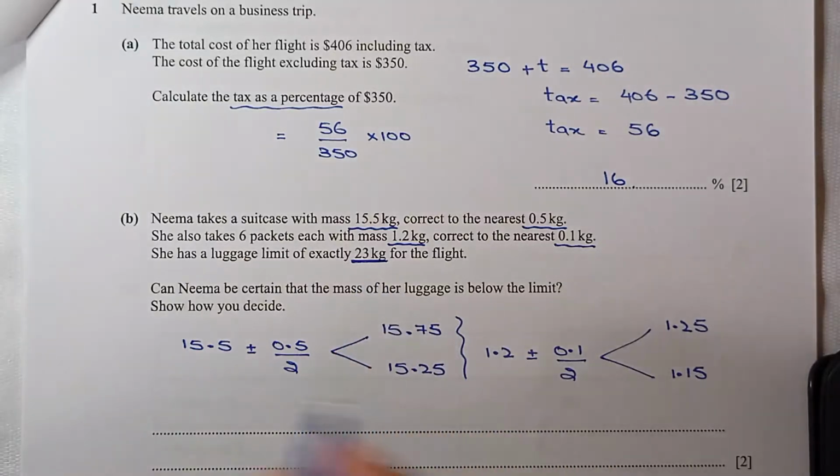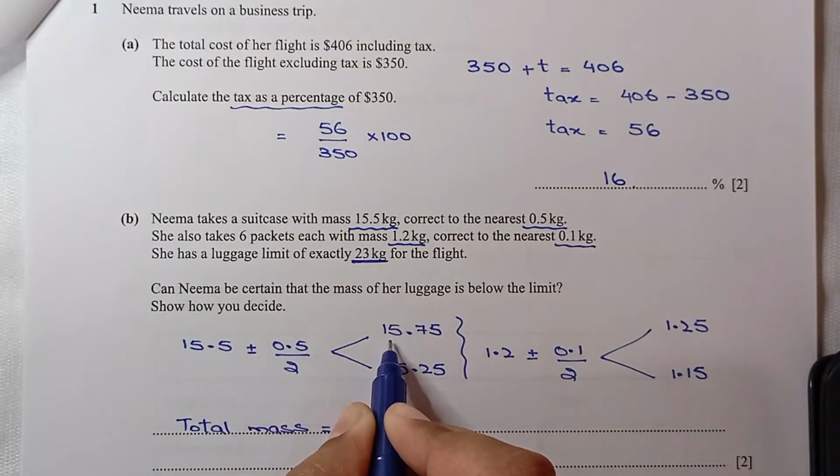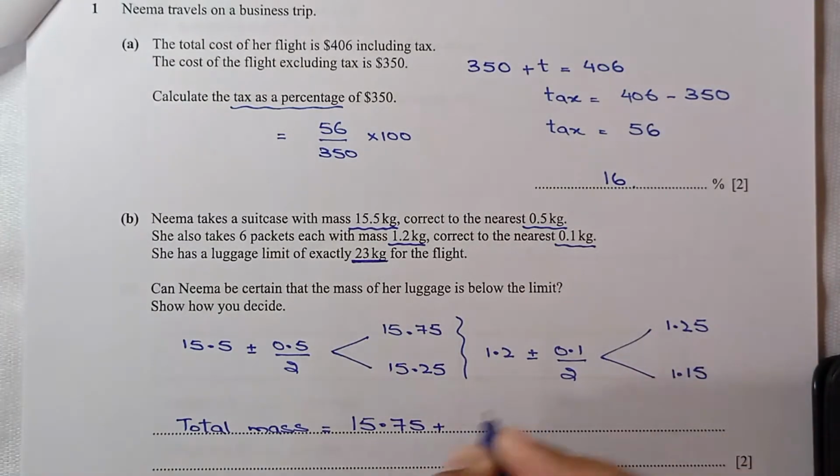So let me find the total mass now. We add the upper bound for the mass of a suitcase, that is 15.75, plus the upper bound of the mass of 6 packets.